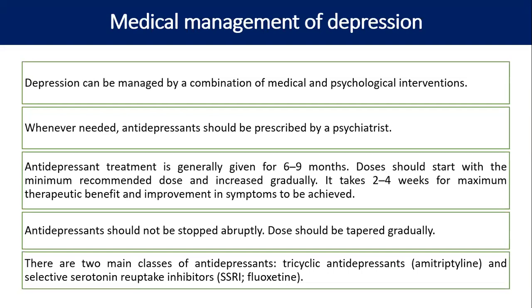There are 2 main classes of antidepressants that can be used safely in PLHIV. These are tricyclic antidepressants like amitriptyline and SSRIs like fluoxetine. Though there are many other groups, they have many side effects, but these 2 groups do not have many side effects, and drug-drug interactions are less with these 2 groups of antidepressants. So they can be safely administered in PLHIV who are on multiple prescriptions.